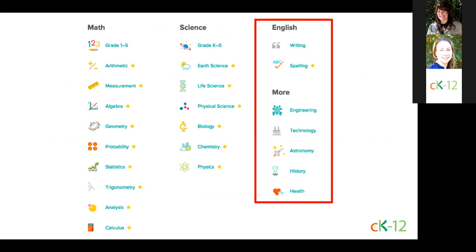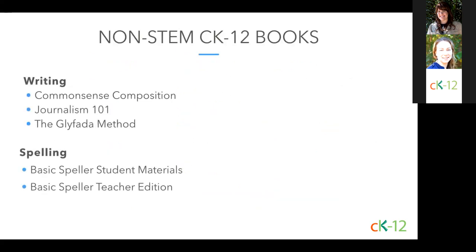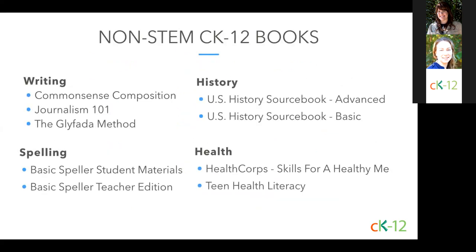Some of the FlexBooks that we have available in these subject areas are listed on your screen. For writing, we have a Common Sense Composition book, which I'm going to show you in a second. We've got a journalism book. The Glyphata Method covers an essay writing system. We have some spelling materials for students and a teacher edition to match.